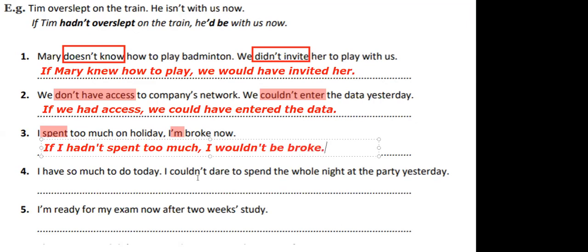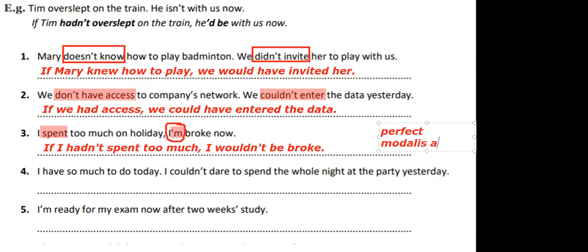I wouldn't have been broke. Why wouldn't have? I am is the present. And remember, past perfect or perfect modal is about the past. Now, this, I am, is not the past.